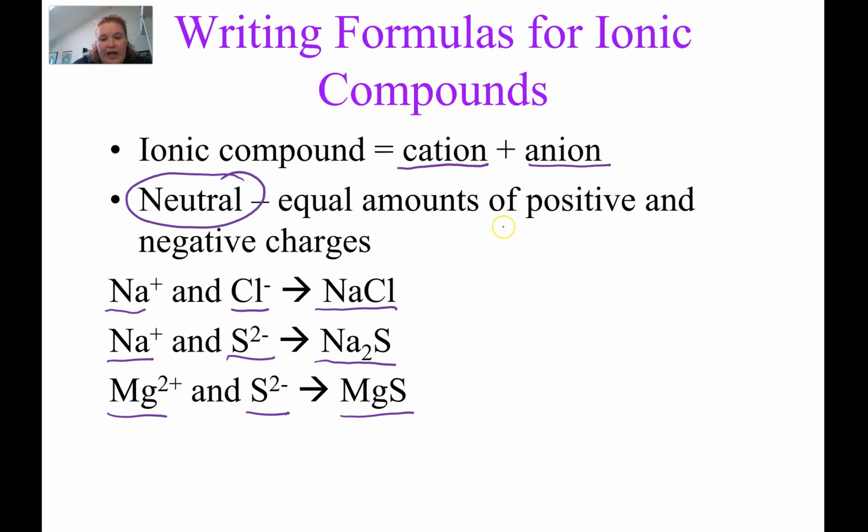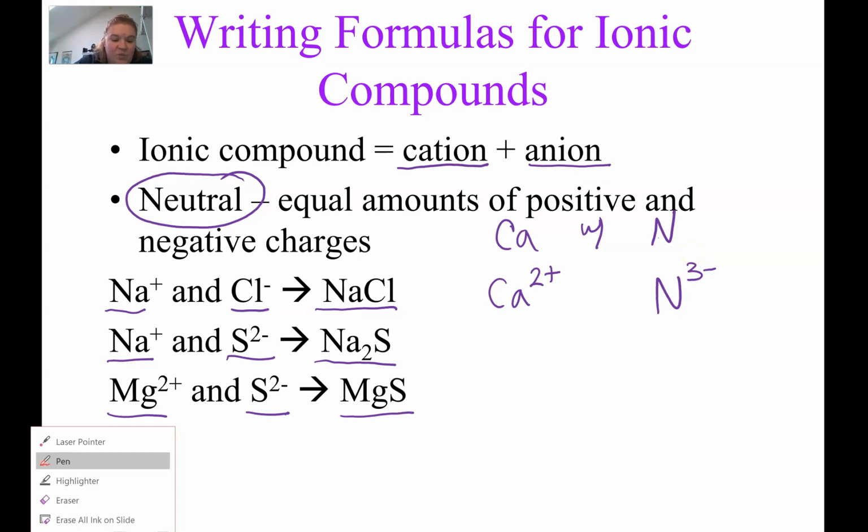So we're going to look at calcium with nitrogen. Calcium forms a 2+ charge, and nitrogen forms a 3-. And this is something that we know from our last chapter because where they are on the periodic table tells us their charges.